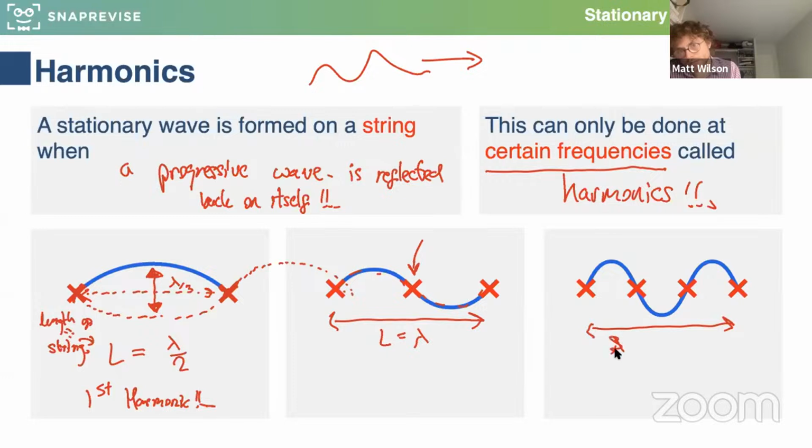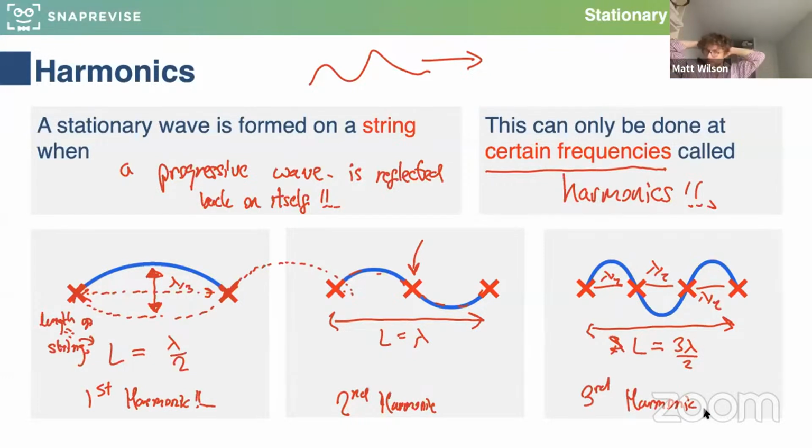The length of the string now, if you look at it, is equal to where we have half a wavelength, another half a wavelength, and one more half a wavelength. So it's 3 lots of half a wavelength. Good, okay, and these wavelengths that you can fit on the string are then called the second harmonic and the third harmonic, respectively. And I think that's all we need to say there.